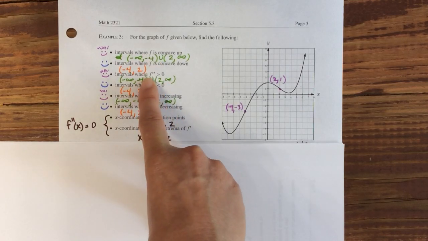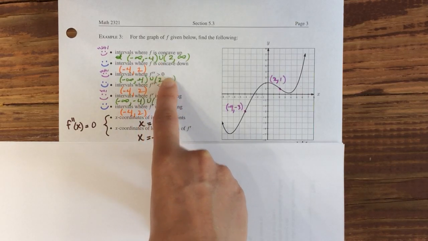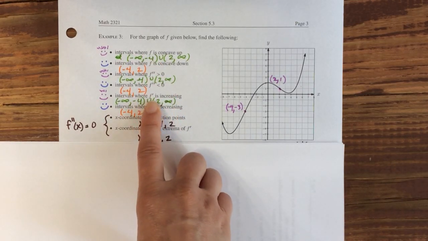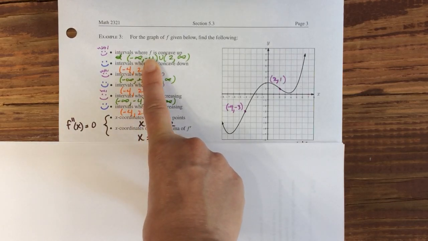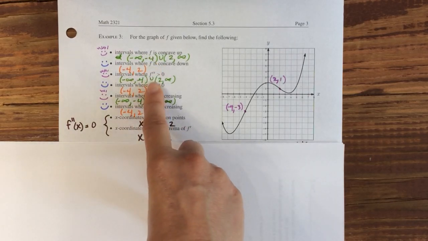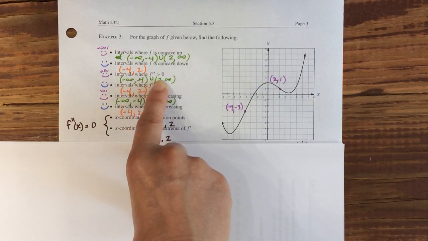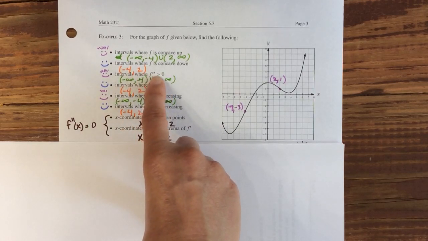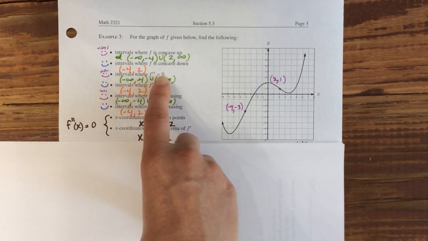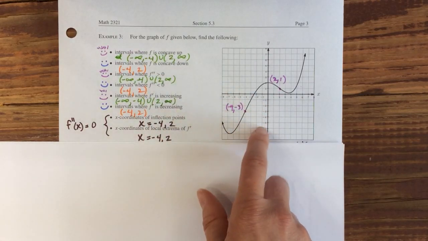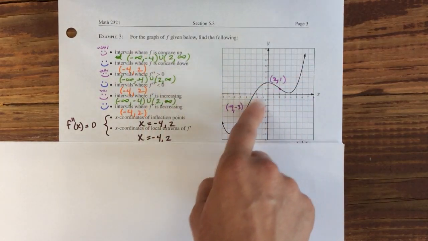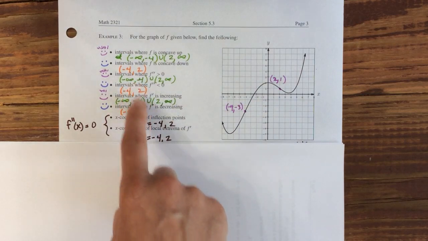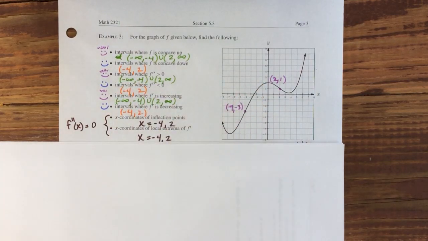Because remember, if f double prime is positive, that means f prime is increasing, which means that f is concave up. So mathematically, when we run the second derivative test, this is what tells us what to do. But here, since we're using the picture, the picture is telling us what to do, and then we're just linking the other two with the picture.